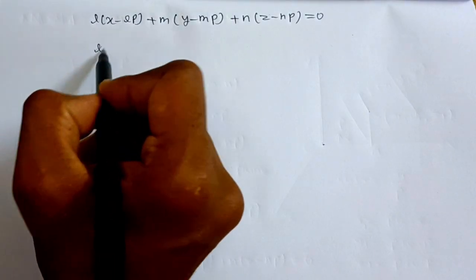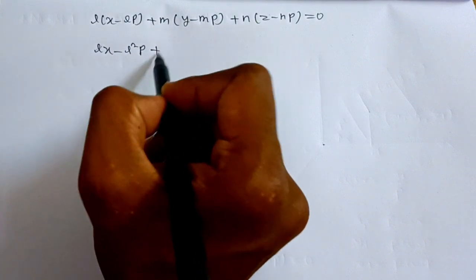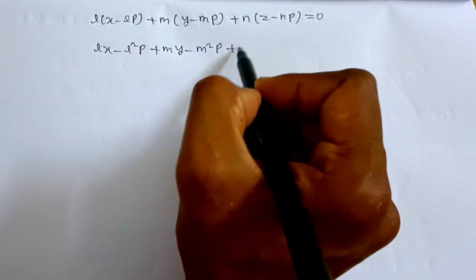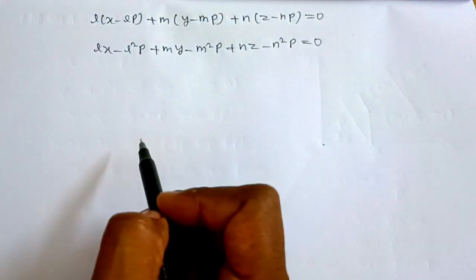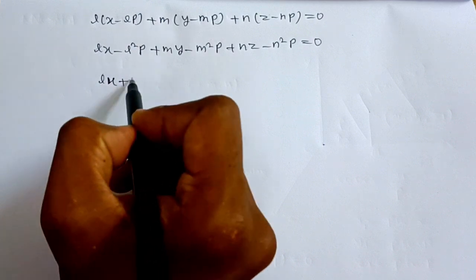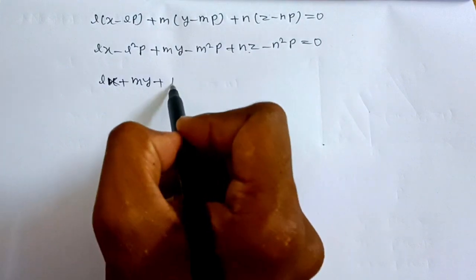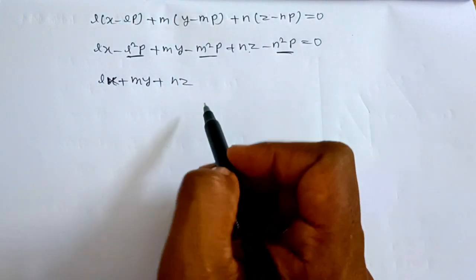Multiplying, lx minus l square P, next my minus m square P, plus nz minus n square P equals 0. Now clearly this is lx plus my plus nz minus l square P minus m square P minus n square P.